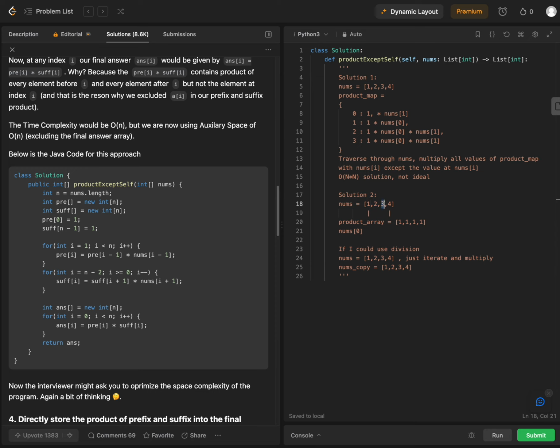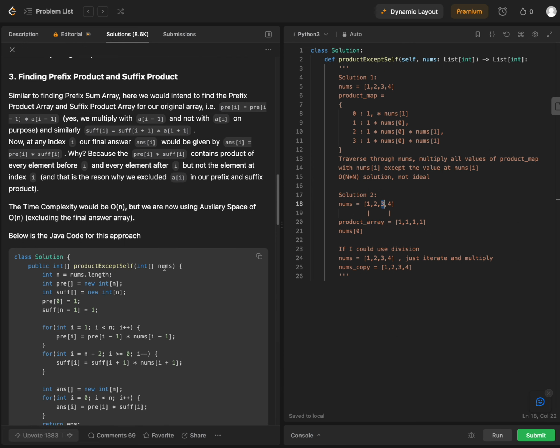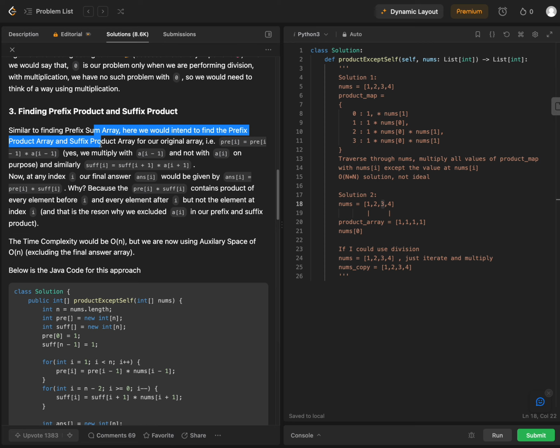When you move on to here, you have prefix of 2. Finding the prefix sum array, here we intend to find the prefix product array and suffix product array.